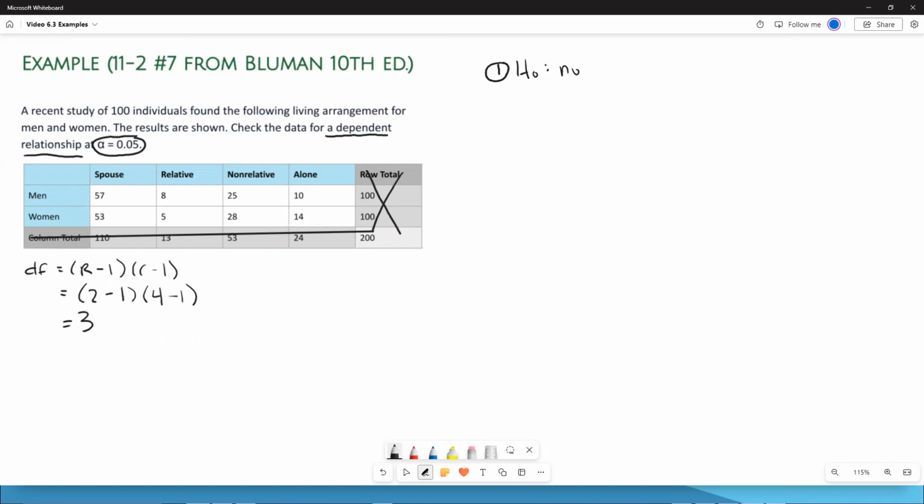Null: no relationship between gender and living arrangement. And then the alternative is the opposite.